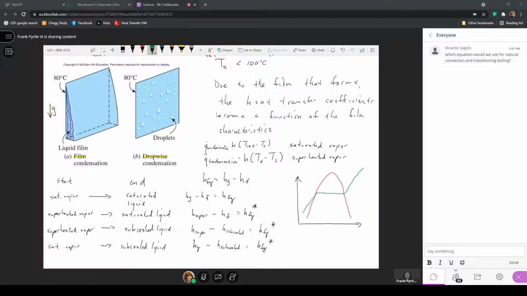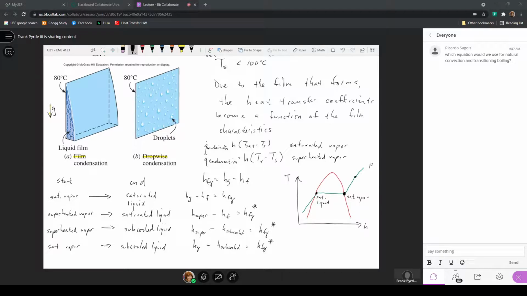so here this would be temperature, pressure and enthalpy here. This dot right here, this is saturated vapor. Here, this is saturated liquid.